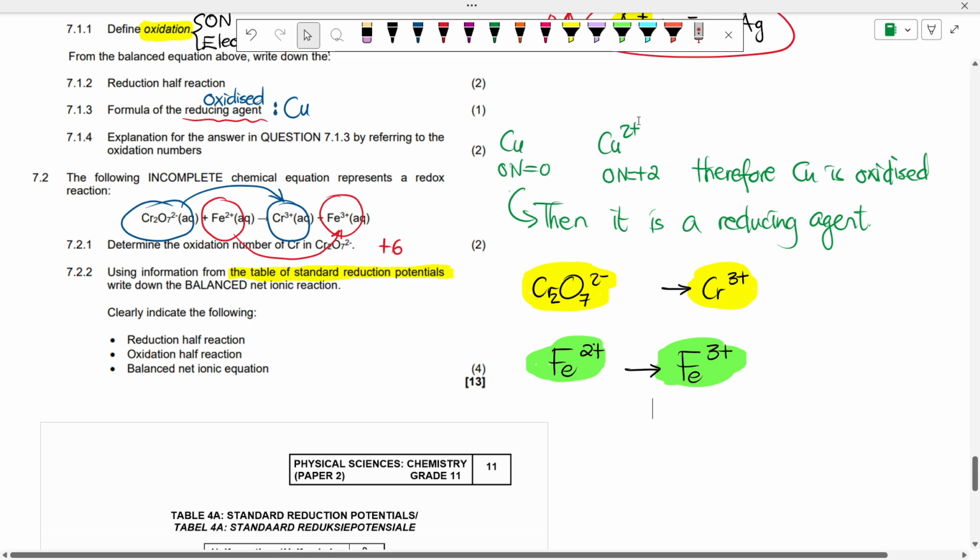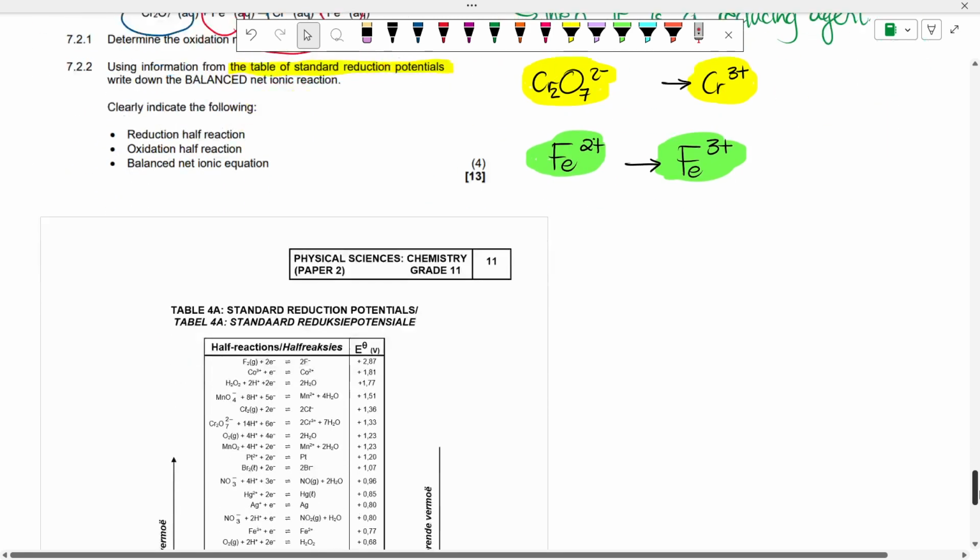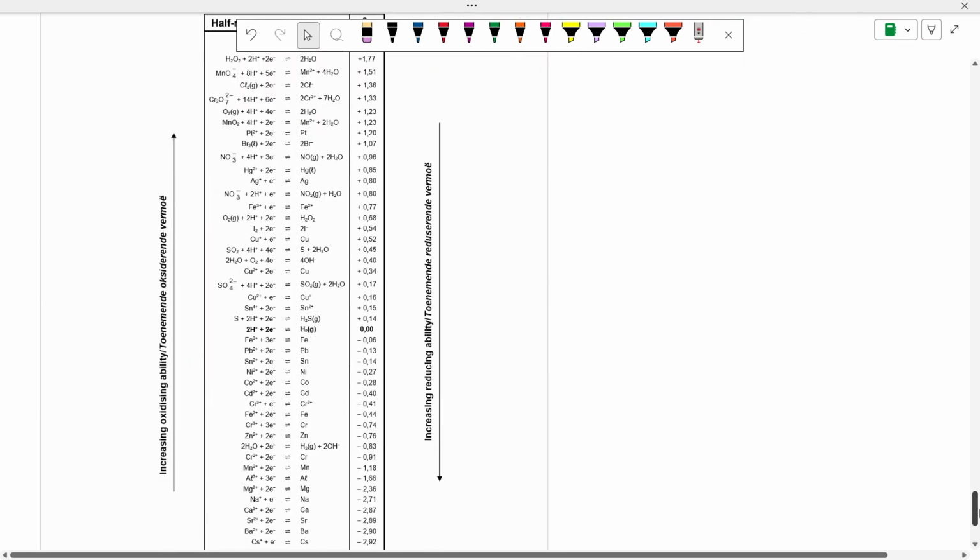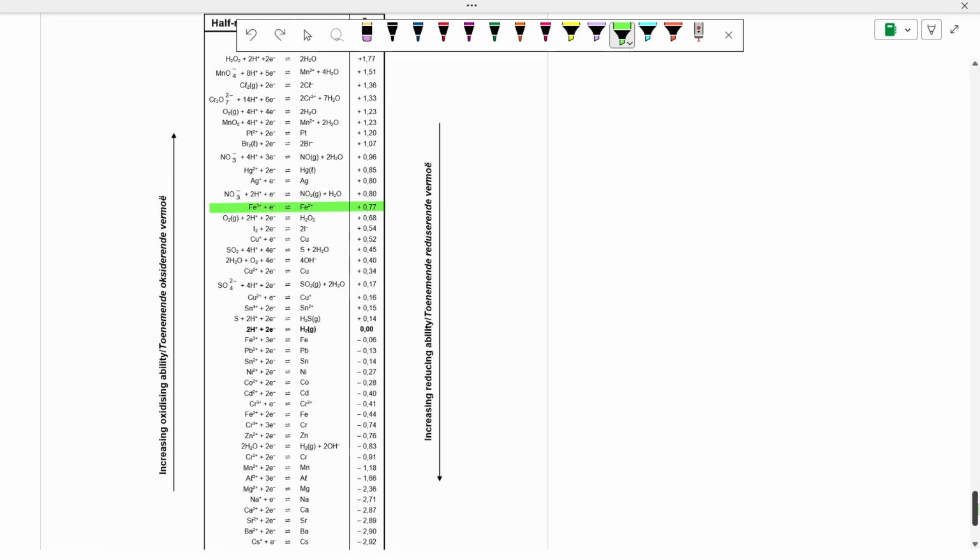So let's go ahead and check. First we'll check for Fe2 plus and Fe3 plus. Then we'll circle that half reaction and go check the other one. That will be a little bit quick. This might appear very small on your side, but hopefully you can zoom in a little bit just to check the other ones. But there is the Fe3 plus and the Fe2 plus.